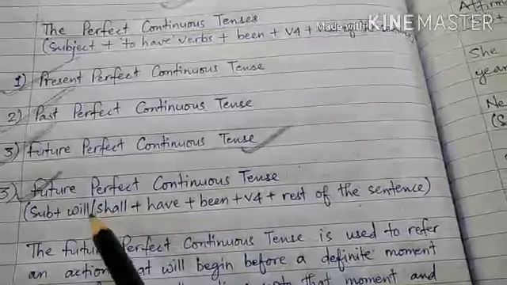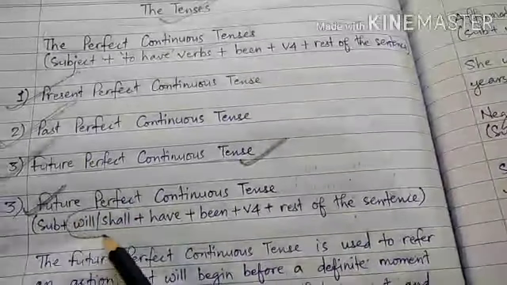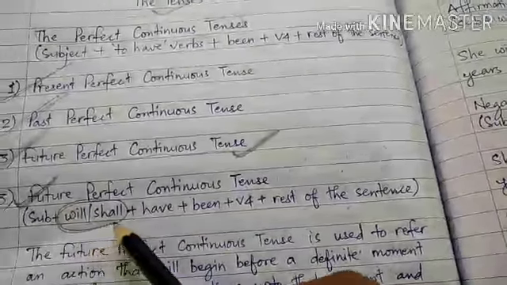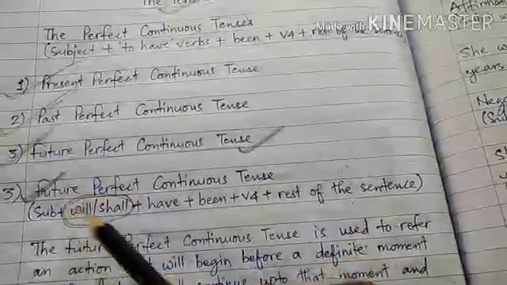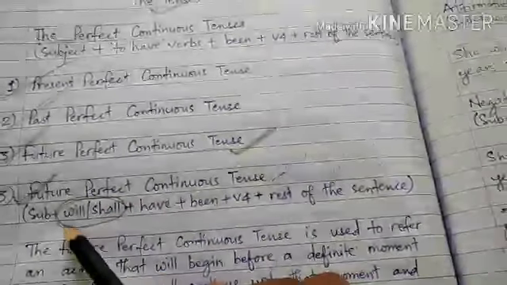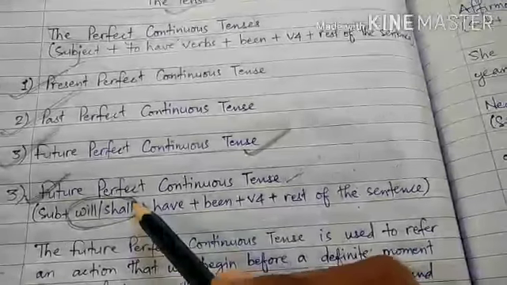As we all know that we use will and shall to write sentences in all future tenses. So likewise here also in future perfect continuous tense we use will or shall as the main helping verbs.